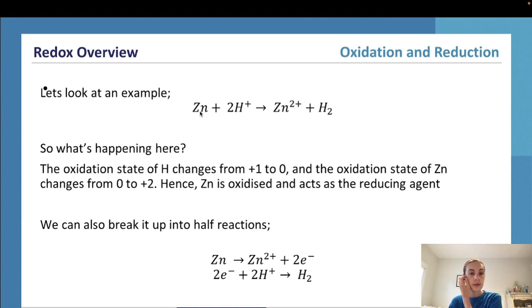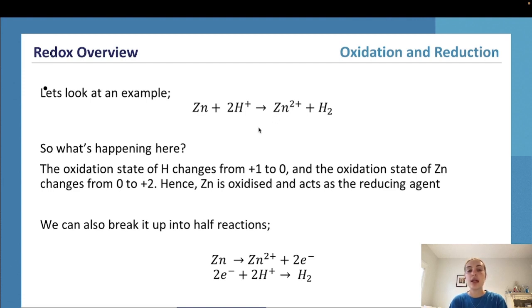Then with our zinc here, it's got a charge of 2+, and that's part of rule 2: if the entire molecule is an ion, then its charge is its oxidation state. So with zinc 2+, its oxidation state is 2+.